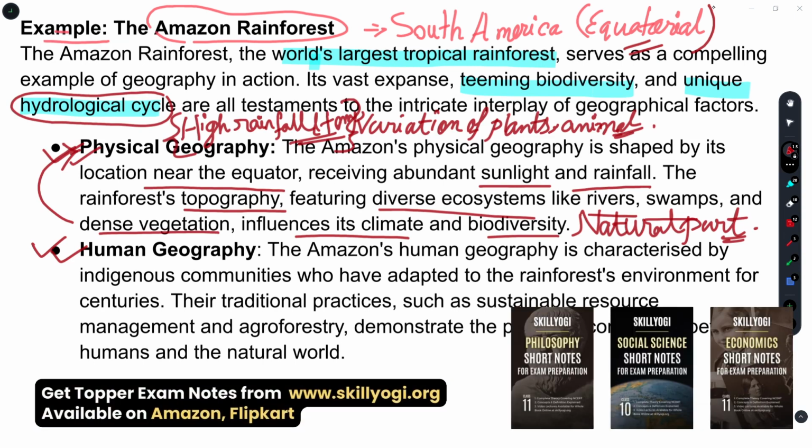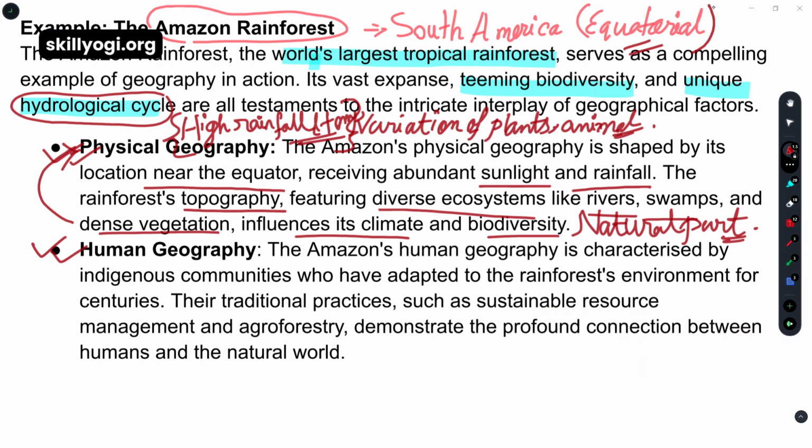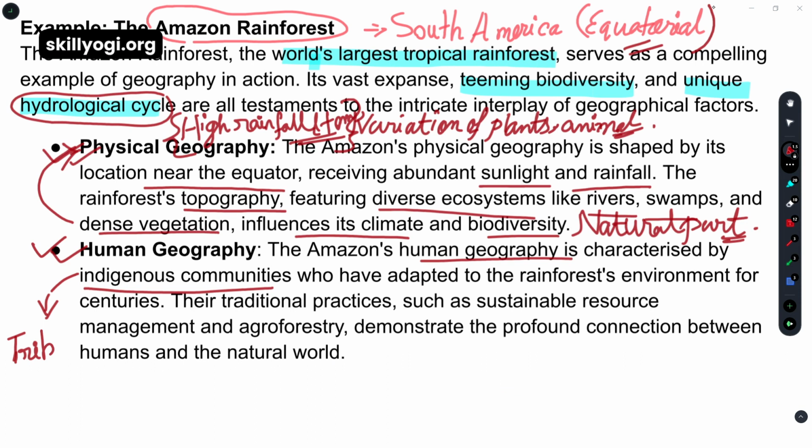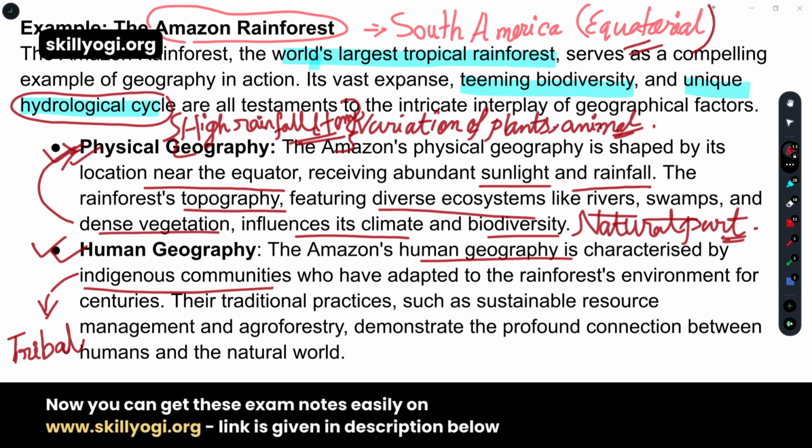Now if we come to human geography, what is it? The Amazon's human geography is characterized by the indigenous community, those who are the inhabitants of these places. Basically in the tropical evergreen forest we can have the tribal community, those we can find in these places, who have adapted to the rainforest environment for centuries.